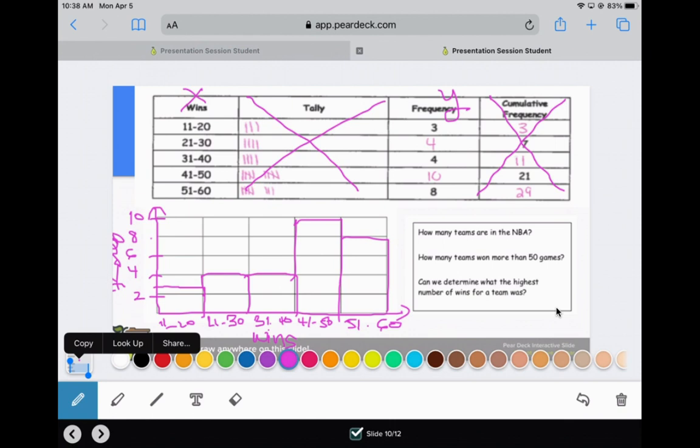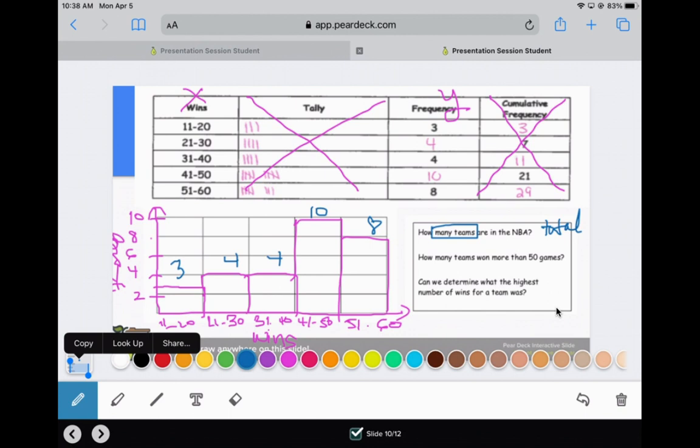Okay, now we're going to answer the question. This one is asking how many teams. So the keyword is how many teams, how many students, how many items. They are asking for the total. So when we think about total, that means we add everything together. So this one I know is 3, 4, 4, 10, and 8. I know that information, so the total means I add all of them together.